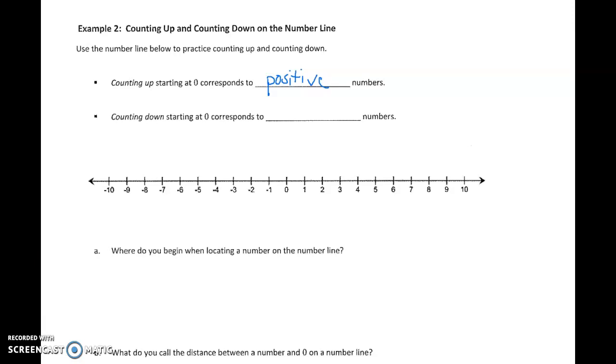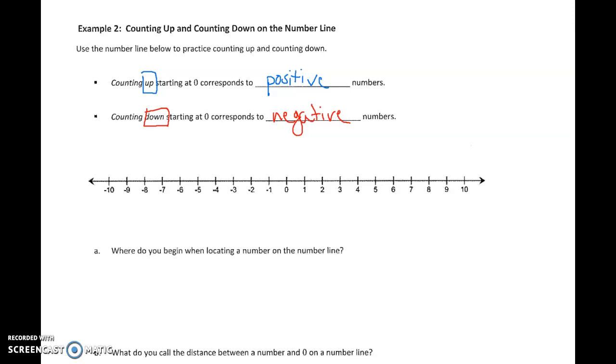Whereas if we're counting down starting at 0, that's going to correspond to negative numbers. Again, things we probably already know, but just trying to keep it fresh in our heads here.